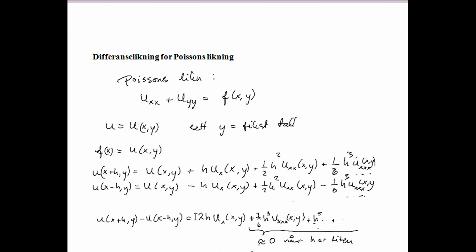We can now find a difference equation for Poisson's equation. Poisson's equation takes this form, and now if we write u equal to u of x, y, and let y be a fixed number, then we can differentiate this with respect to x.